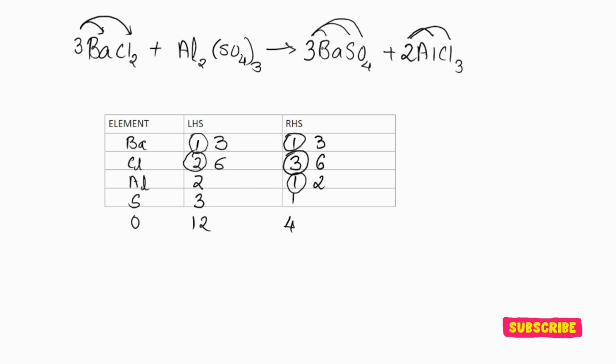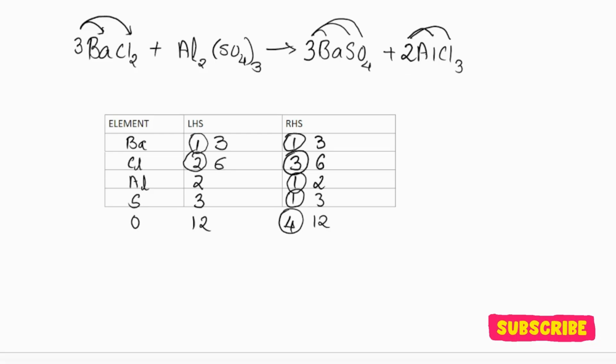So my sulfur becomes 3, and oxygen, 4 3s are 12, so oxygen becomes 12. So here all the atoms of an element are balanced. It's a very simple way we can balance a given chemical equation.